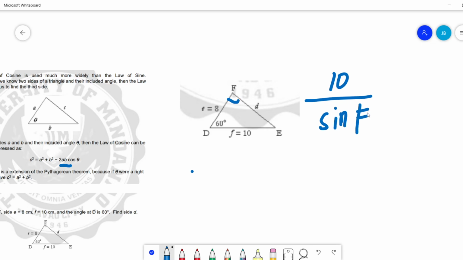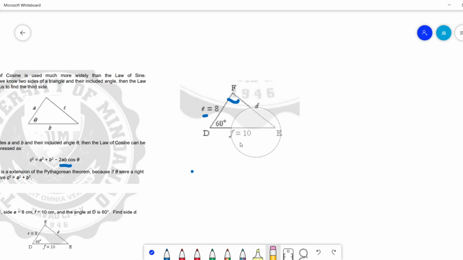So side f unknown is equal to, let's use another side, there's no angle here. And if you use side d, that's d over sine 60, there are two unknowns, in which we cannot solve either d or the angle of f. That's why the law of cosine is very useful.